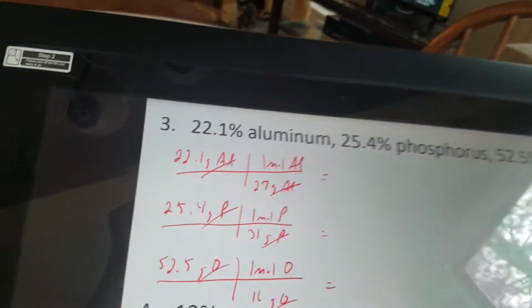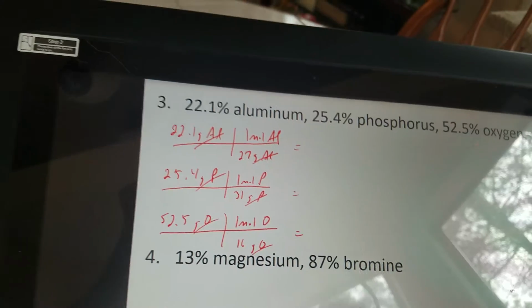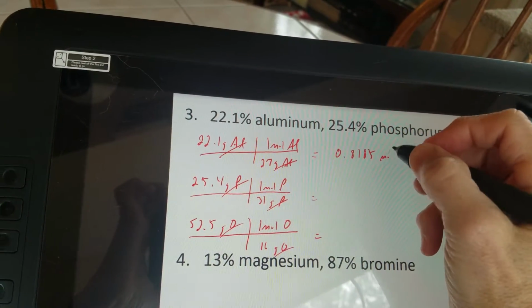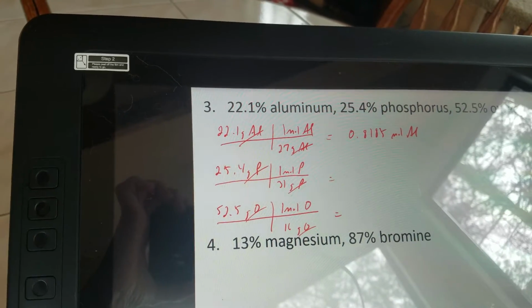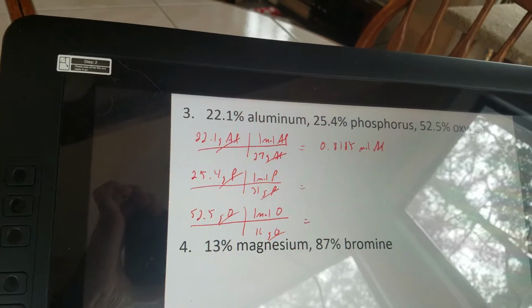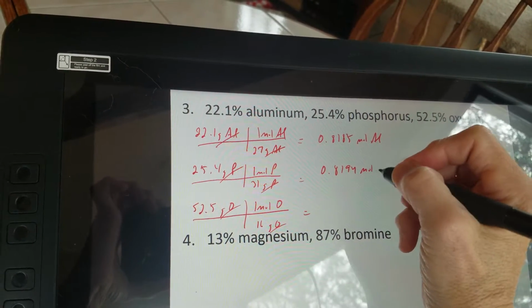So my 22.1 divided by my 27 is going to be 0.8185 moles of aluminum. My 25.4 phosphorus divided by 31 is 0.8194 moles of phosphorus.